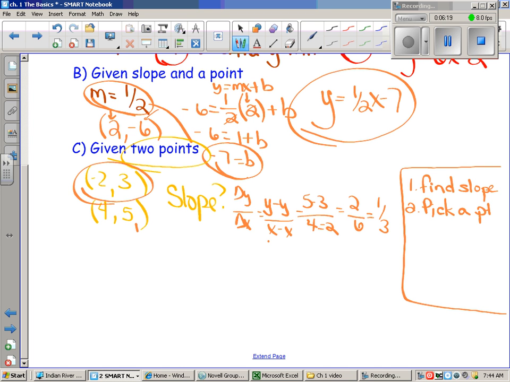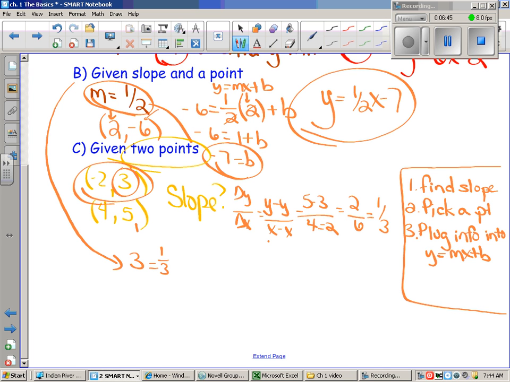So if I pick -2, 3, then I'm going to plug the info into y equals mx plus b. So that I'm looking at the same scenario as before. y is 3 equals my slope, 1/3, x is -2, plus b.